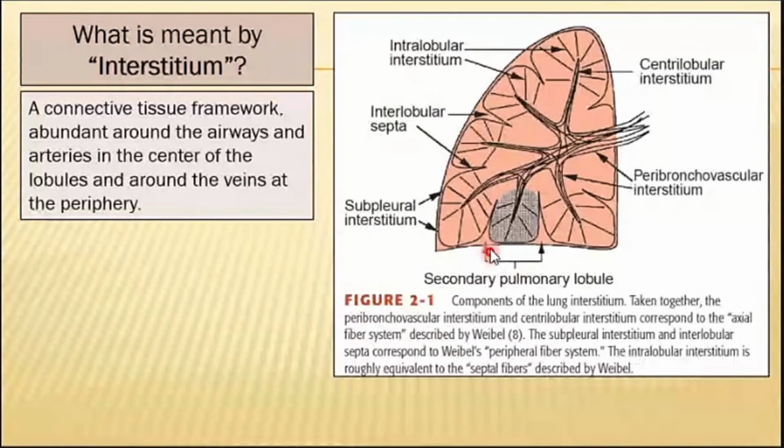and this is the secondary pulmonary nodule. Now, the anatomical importance of this secondary pulmonary nodule is that it is the smallest unit of lung structure that is separated by dense connective tissue septae. Now, this particular diagram is an oversimplification.